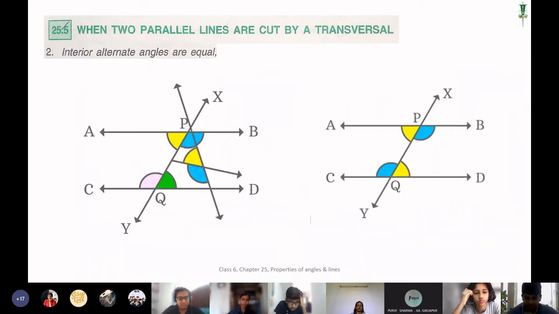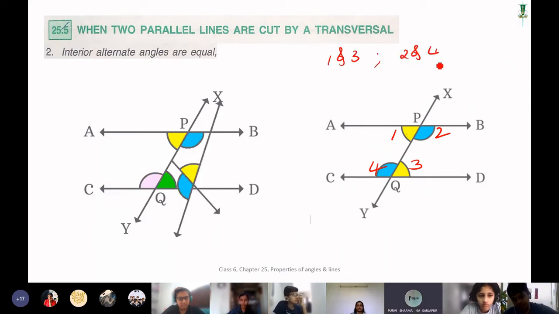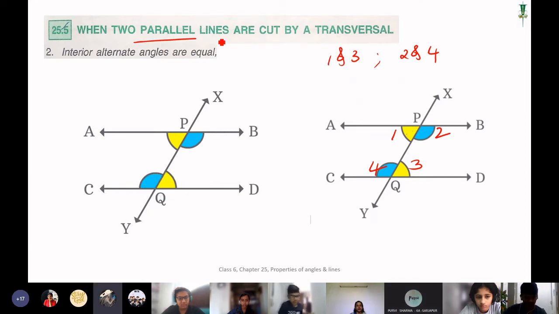Next one is interior alternate. If you observe, these interior alternate angles are formed, this is 1, 2, 3, and 4. Which are the interior alternate pairs? 1 and 3, and 2 and 4. When the lines are parallel, there is a relation. What is the relation? These are equal.